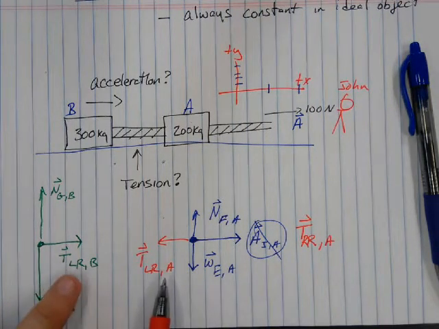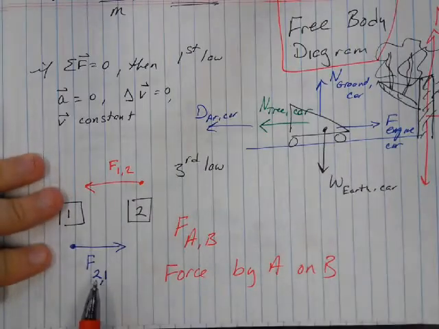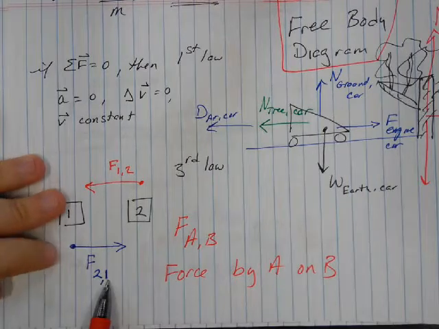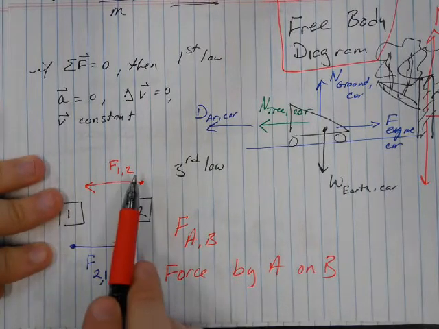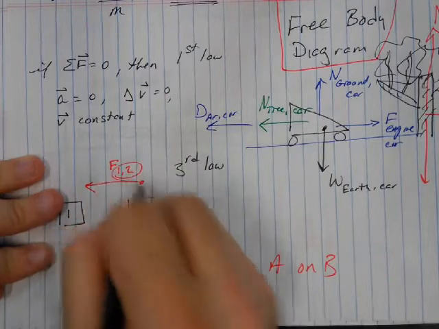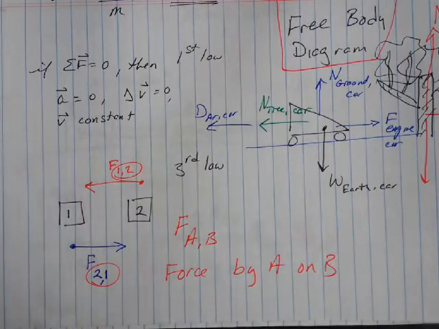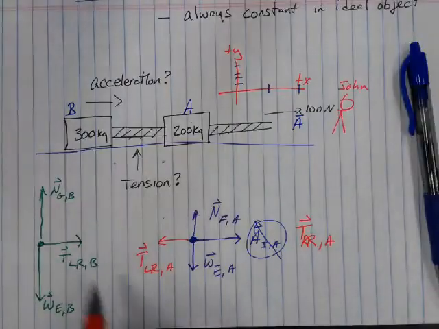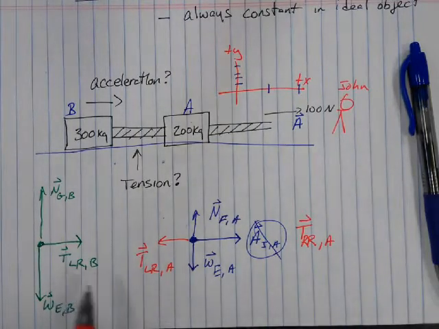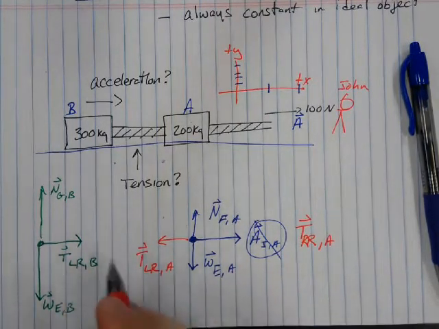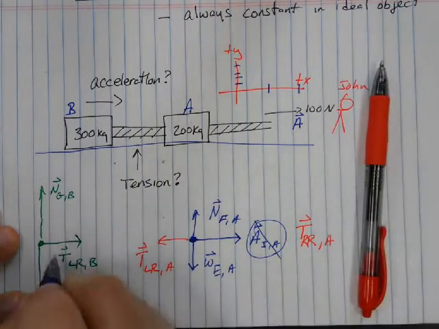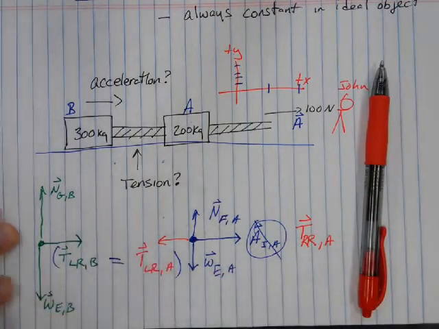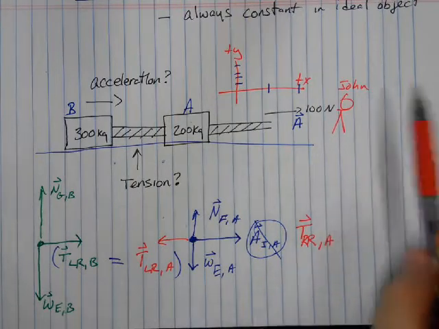There are 3 objects involved here. If we had a force by 2 on 1, the third law pair is by 1 on 2. It interchanges these labels. So you can only have 2 objects. Tension forces usually are not third law forces. So there isn't any. But these are equal because the tension is always equal along the rope.